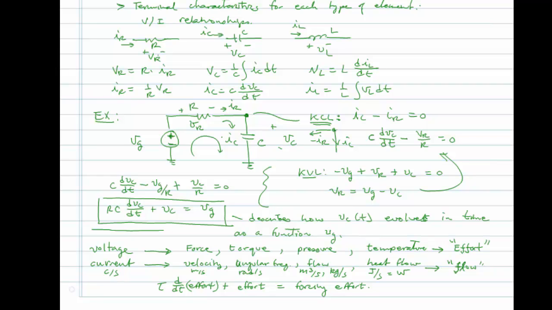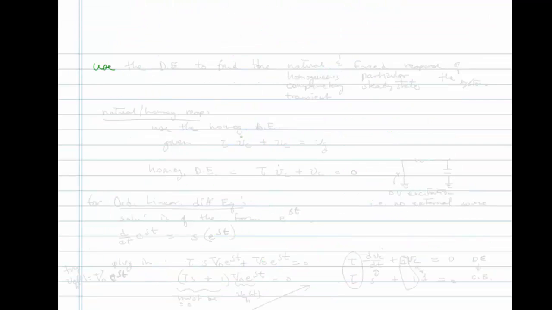All right, so now we have a differential equation. What can we do with it? Well, we can use the differential equation to find the natural and the forced response of the system.